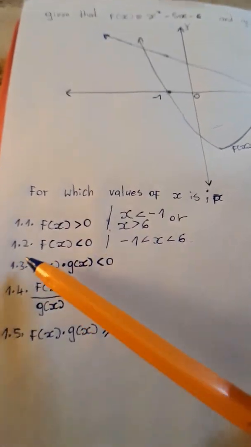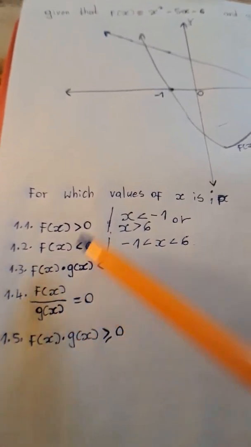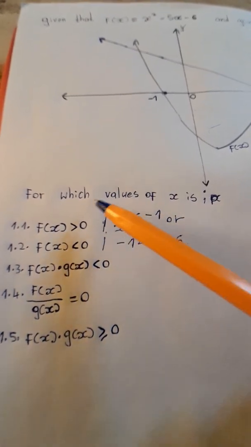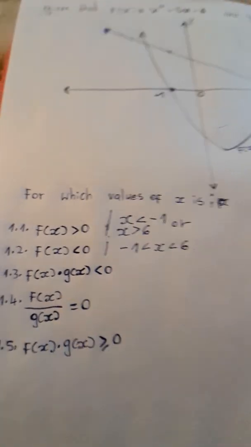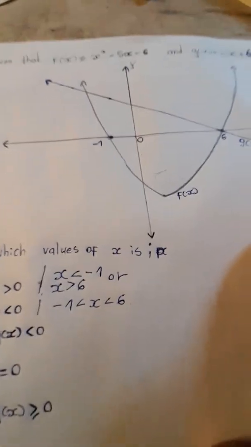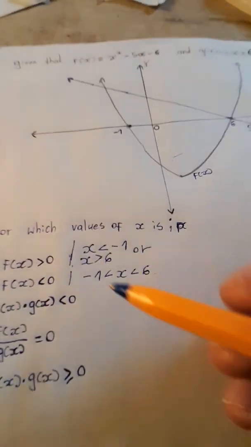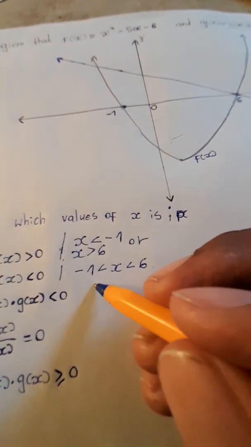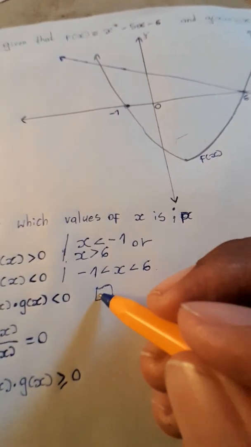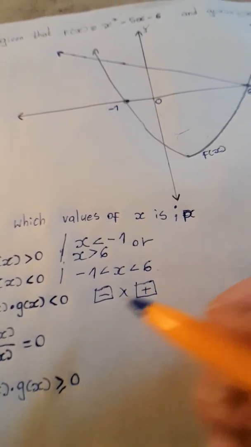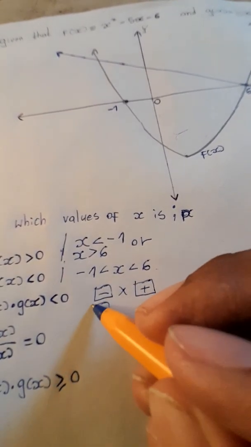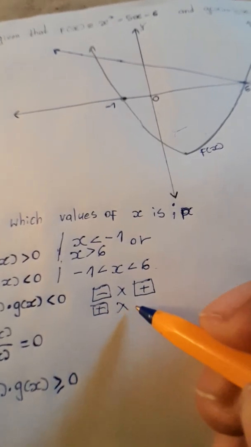And number C, or 1.3, for which values of x is f of x times g of x less than 0? Remember those conditions. For this to be less than 0, one function has to be negative while the other has to be positive, or the other can be positive and the other negative.